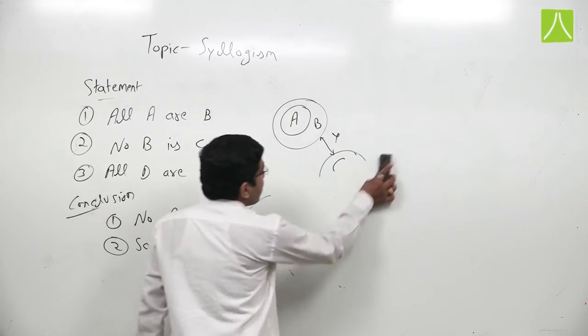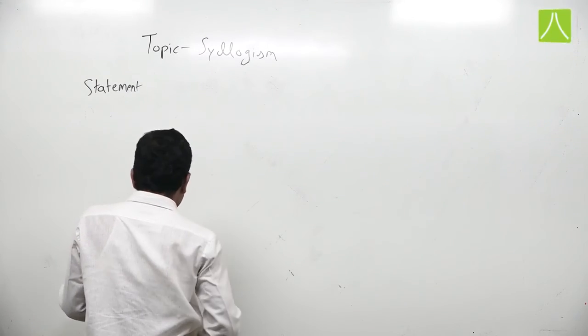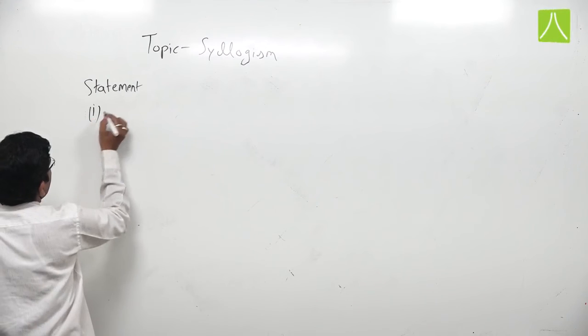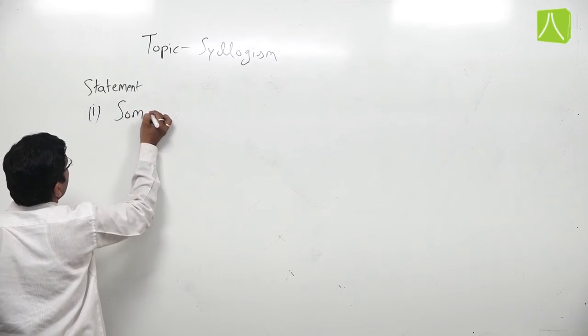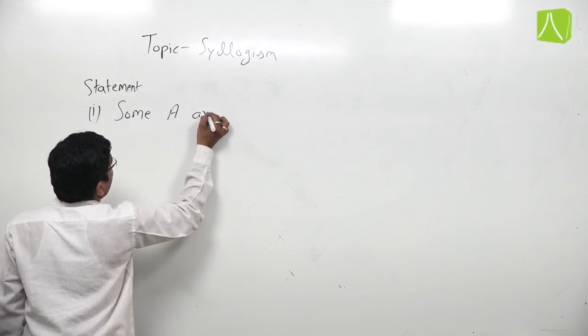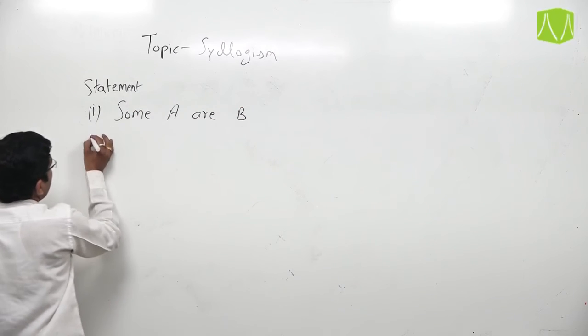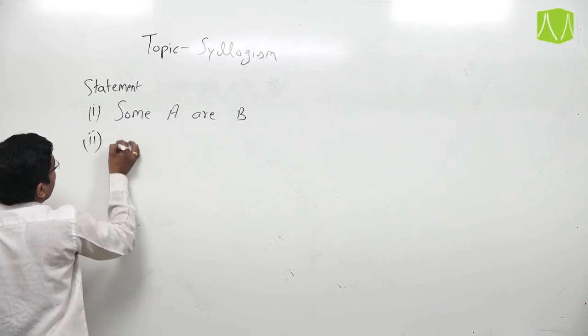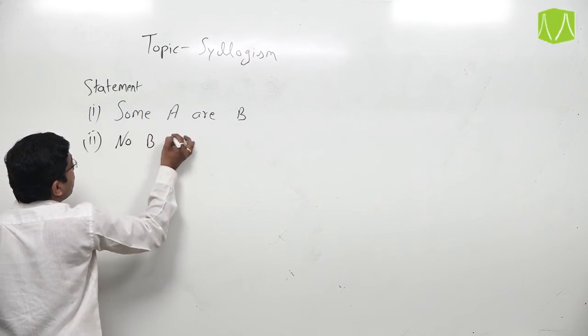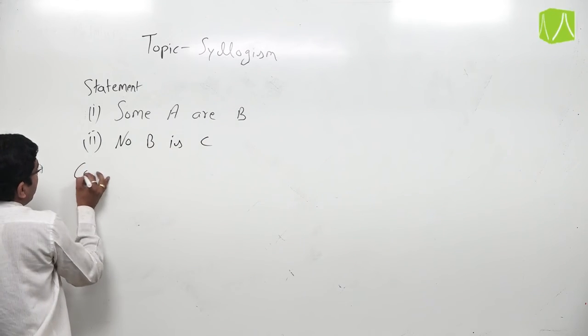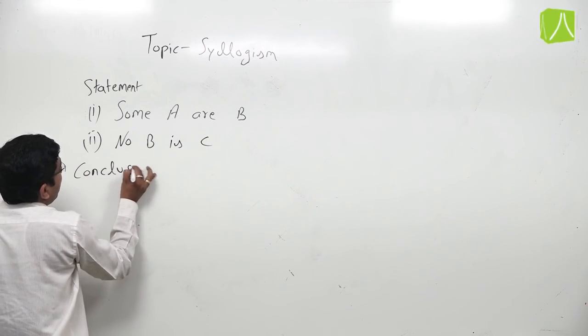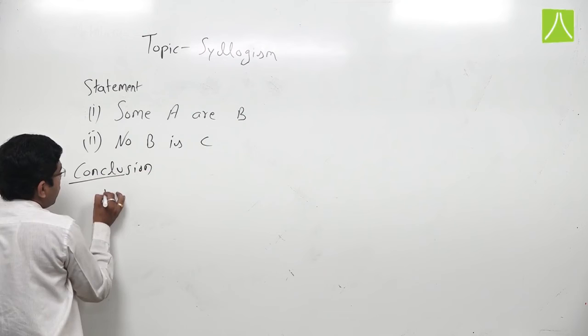Now take next example. Our statement is some A are B. Second, no B is C. Now we have to check conclusion.